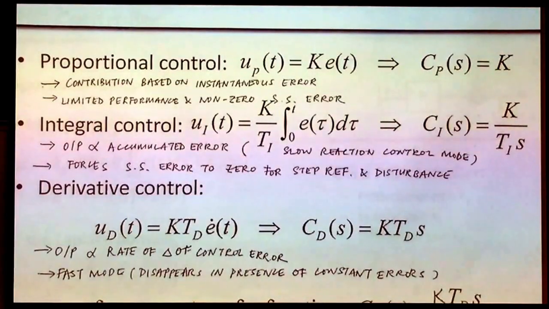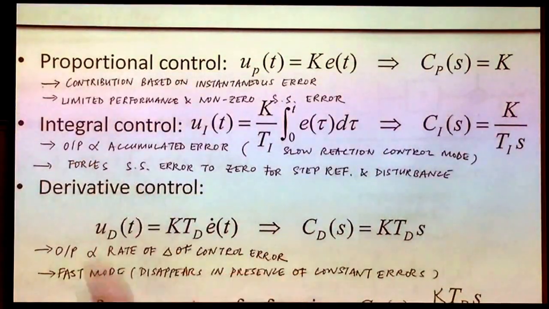For integral control, the output is proportional to the accumulated error because it's an integral. So this is a slow reaction control mode, because you only react to an accumulated amount of errors. It forces the steady state error to 0 for a step response and disturbance.